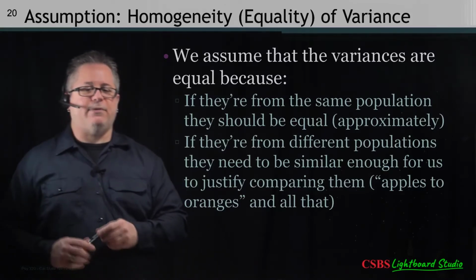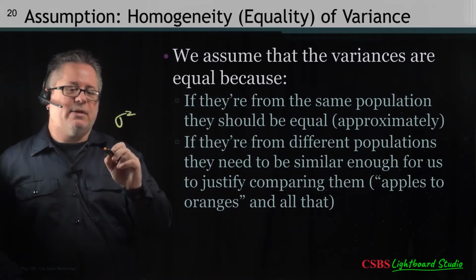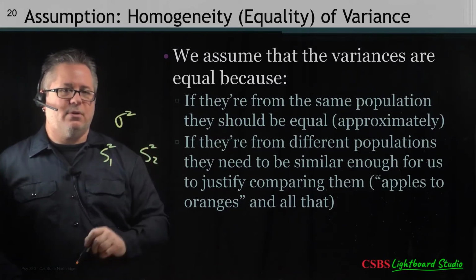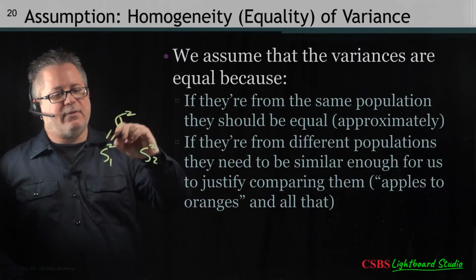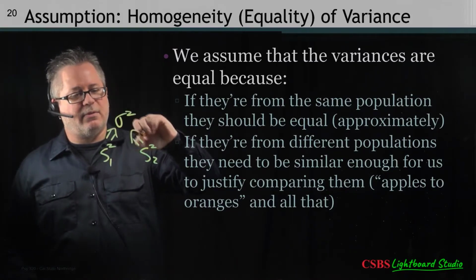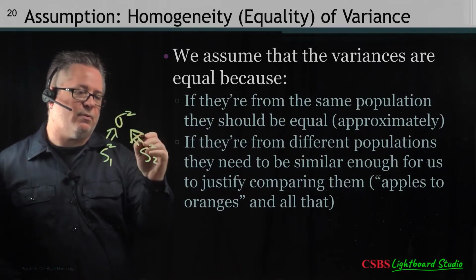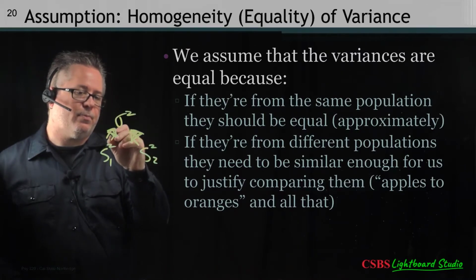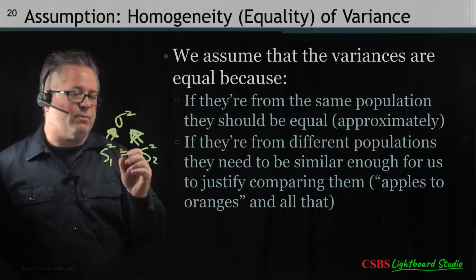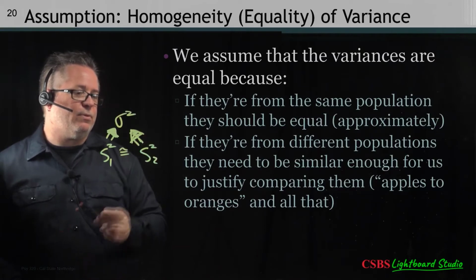If I have a population variance and a variance from sample 1 and a variance from sample 2, well, if this is estimating this, and this is estimating this, using the arrows here, they're both estimating the same thing. Well, then they should be roughly equal.